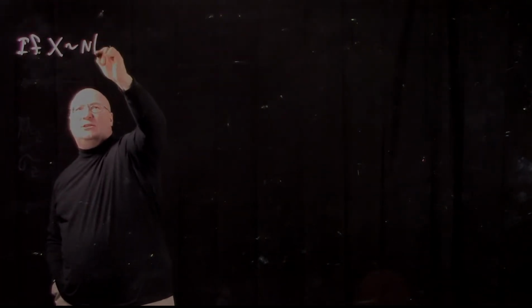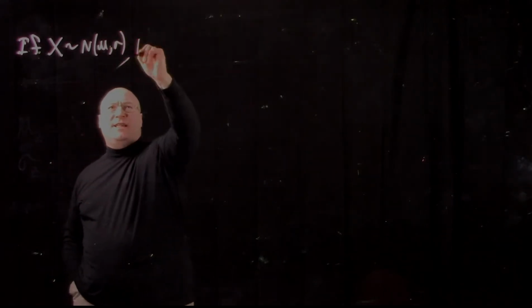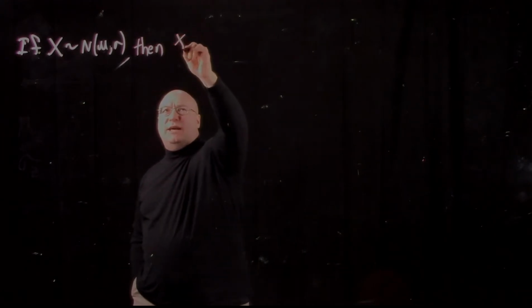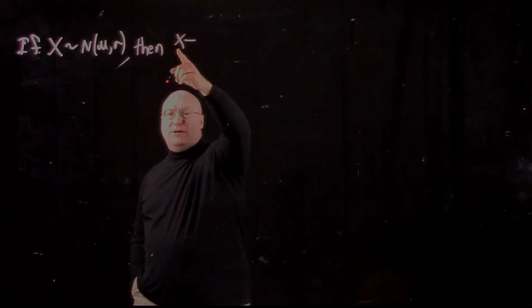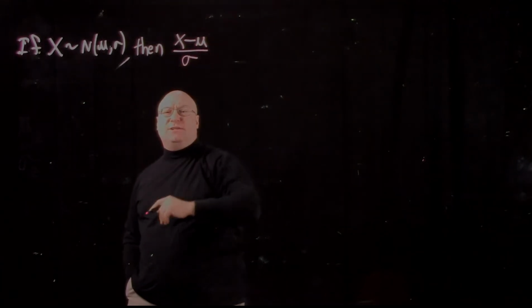That is, I have an if-then statement. If x is normally distributed with mean mu and standard deviation sigma, then, do you remember how to compute the z-score? You take the random variable value you have, and you subtract the mean, and you divide by the standard deviation.